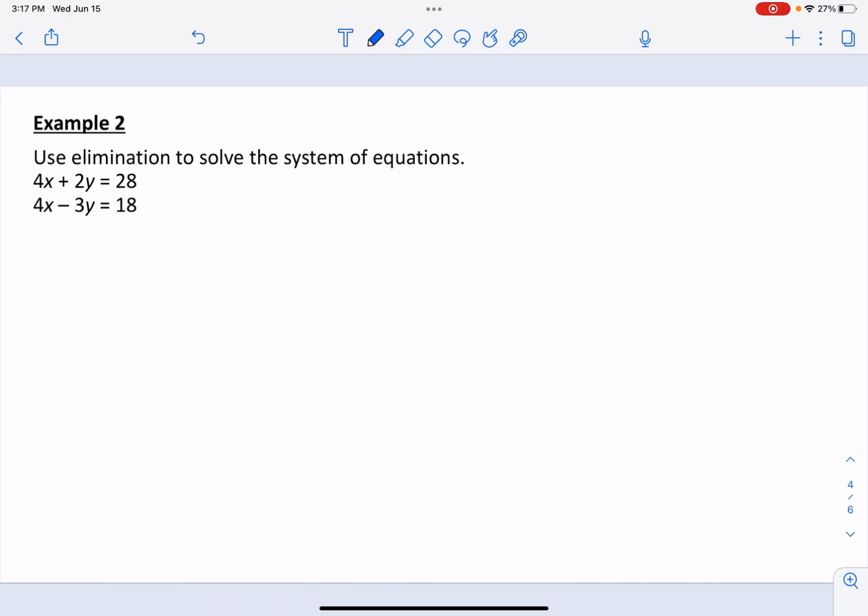Okay, use elimination to solve the system of equations. So just look at this and think, do I have the same coefficient, the same number, but opposite signs? We don't. But what we do have is the first equation, which I'm going to leave as is.